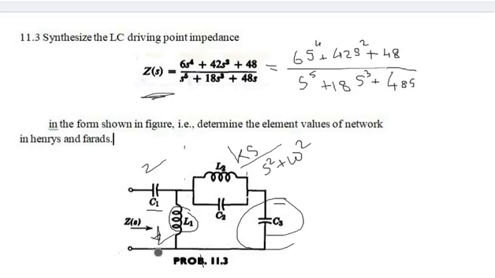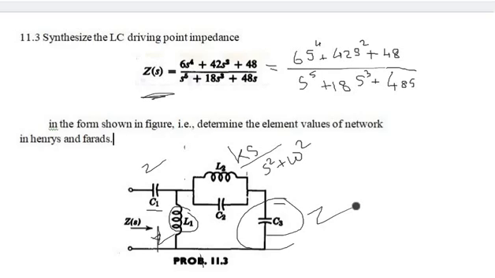So the remaining residues will be Ks divided by s squared plus omega squared, that is, the remaining residues will be your parallel tank circuit L2 and C2. So we are using this method.